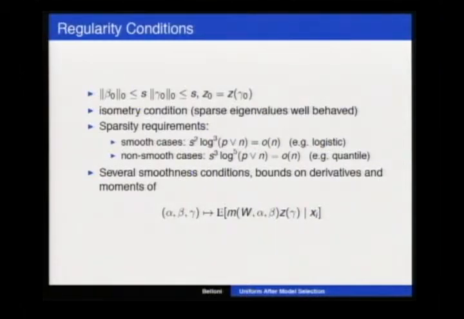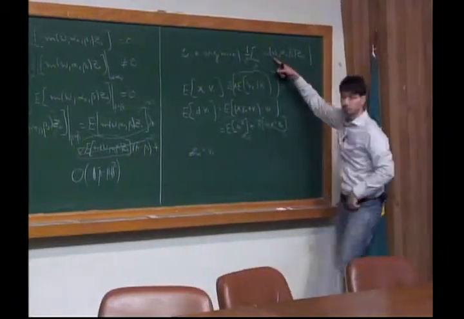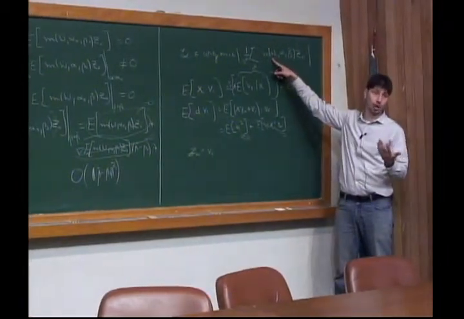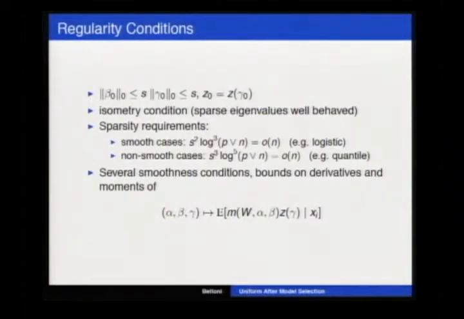But in non-smooth cases, which are known to be harder, for instance quantile regression, we have that indicator function. So here we have a discontinuity that creates issues for asymptotics. That translates into stronger conditions. We need s cubed in that case. And we need some kind of smoothness conditions on these functions. But since we have the expectation, that typically is not a problem.